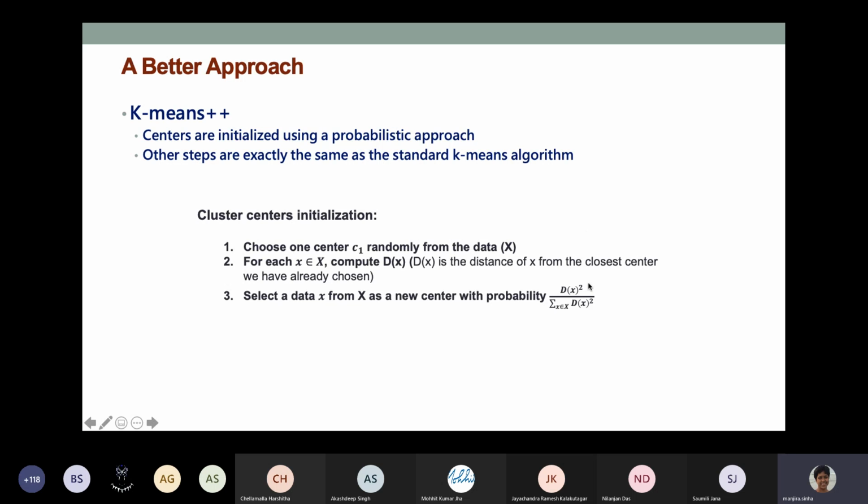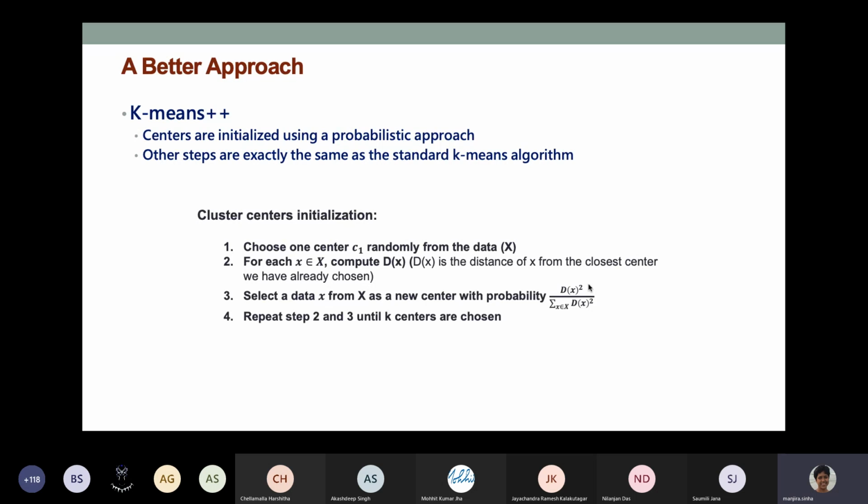So basically it is the distance of x from the first center, divided by the sum of the distances of all the x from the first center. So this is now taken as the probability for a data point x to be the new center.